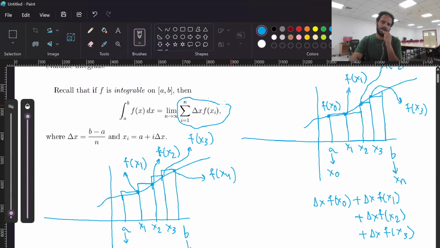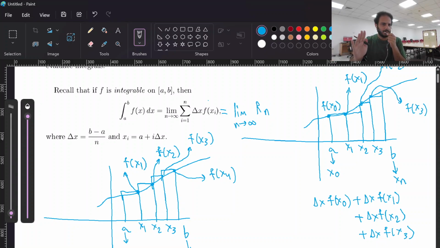Yes, the right sum. So we can write it as equals limit as n goes to infinity of Rn, right sum. If it starts from 1 to n, it's right sum. If it starts from 0 to n minus 1, it's left sum.